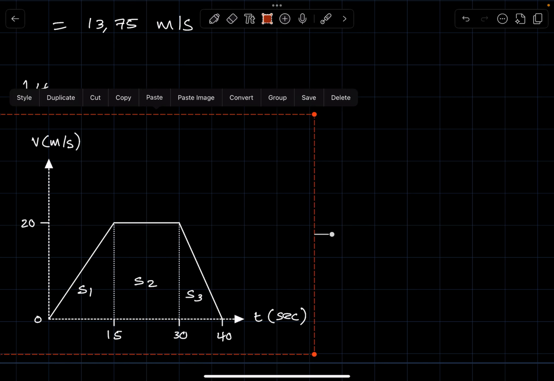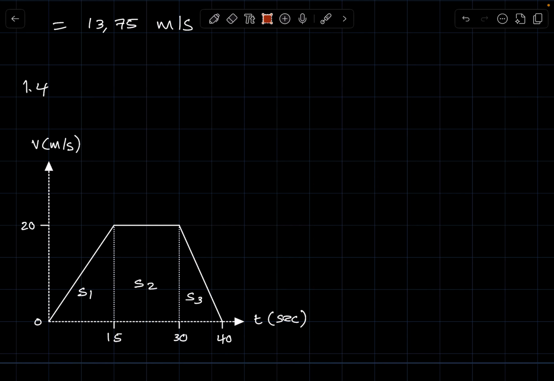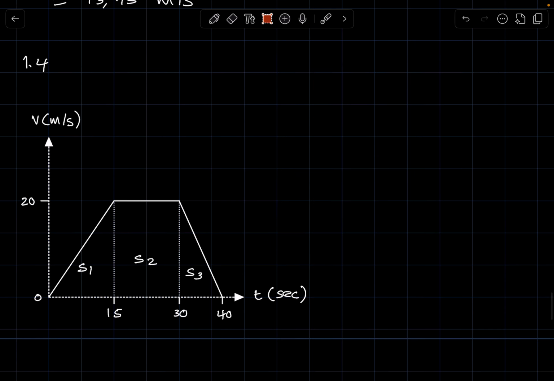But now, because you've been told to draw the graph, this one you would have to draw neatly. Unlike when doing 1.3, because essentially we weren't asked to draw the graph. But for context, you would draw the graph, say, on your question paper, roughly.